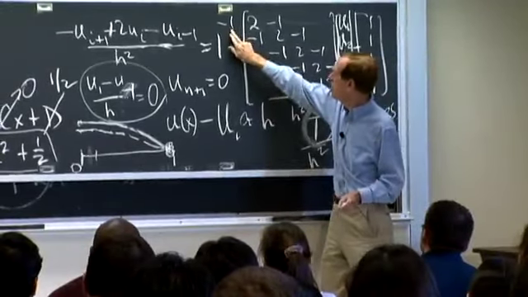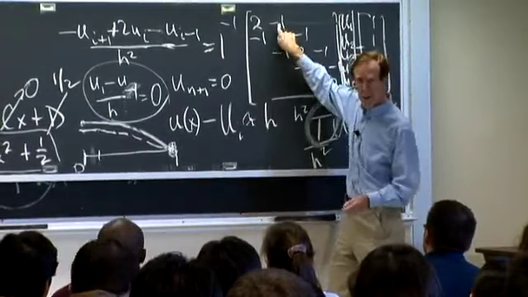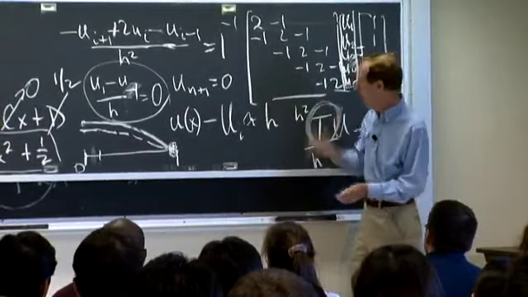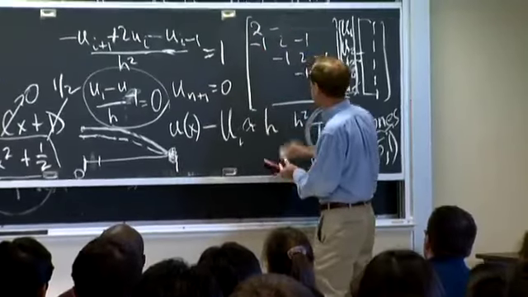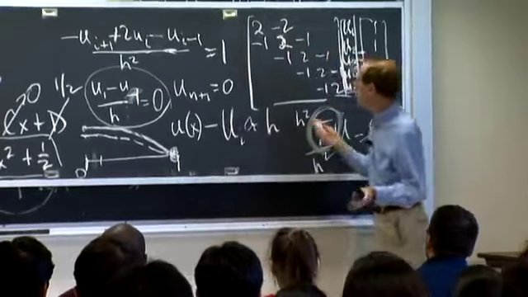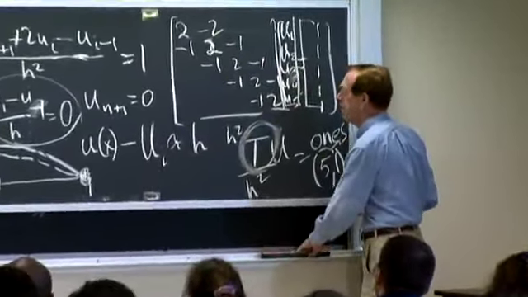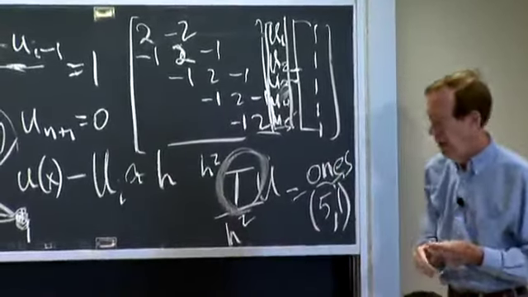That minus 1 is going to show up where? Over here, to center it around 0. So that guy will make this into a minus 2. Now that matrix is still fine. It's not one of our special matrices.